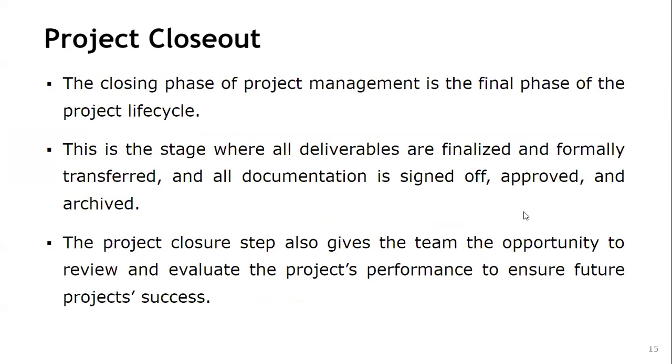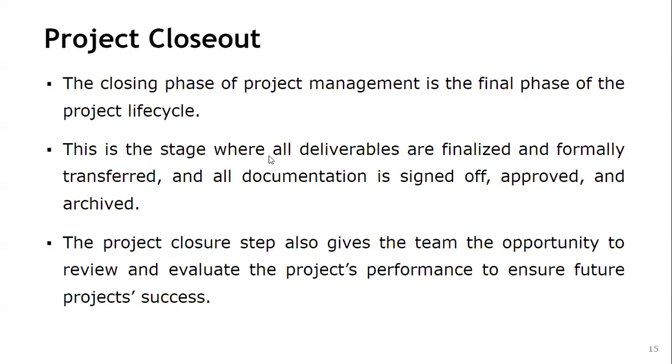This template has a checklist, which covers the bare minimum of things your project should address during this phase. Just to remind you, the closing phase of project management is the final phase of the project lifecycle.